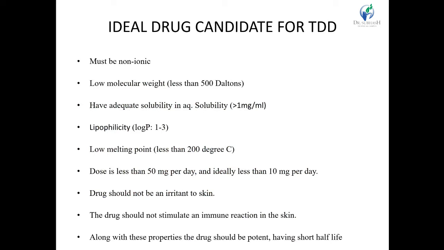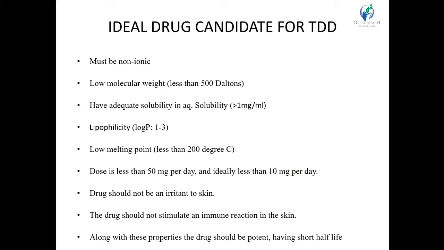Next, the most important part: the criteria, the ideal drug profile required for a candidate for the transdermal system. It must be non-ionic, with a low molecular weight, less than 500 Daltons, so it penetrates easily. It should have adequate aqueous solubility, greater than 1 mg per ml.